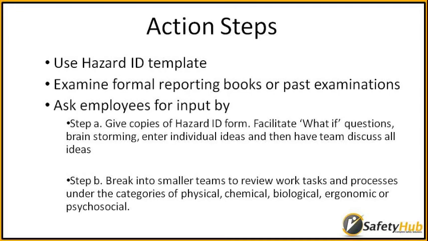Enter individual ideas, perhaps have the team discuss it. Filter duplicated ideas. Have an ideas box if you need one. Step B, break into smaller teams to review work tasks and processes under the categories of physical, chemical, biological, ergonomic, or psychosocial.